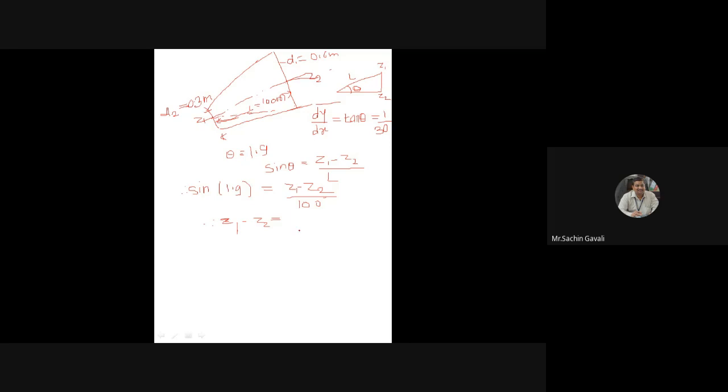So Z1 minus Z2. Students offer values: 3.31, 3.33.